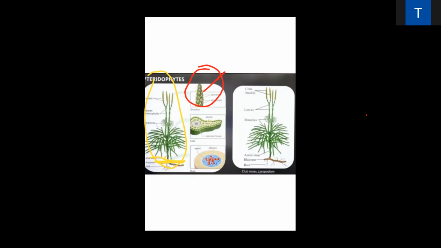Due to the rhizome axis, roots arise. Here the roots are present. This is called club moss.